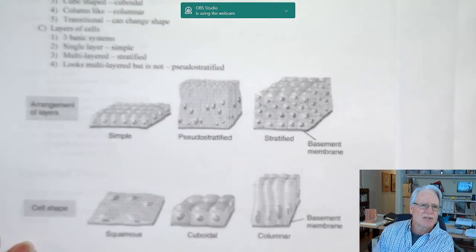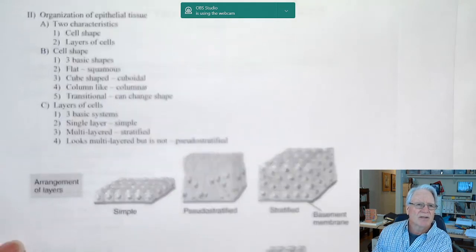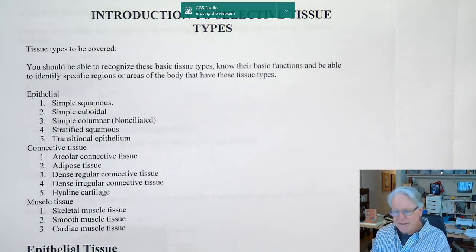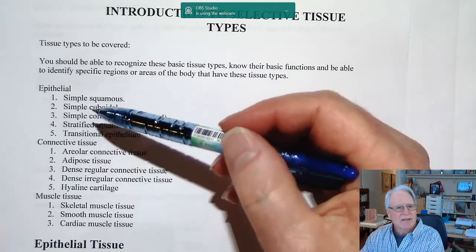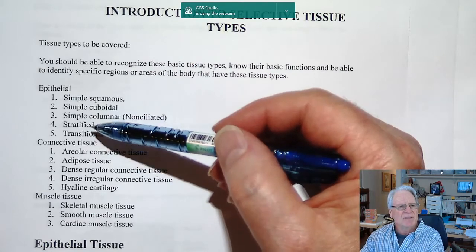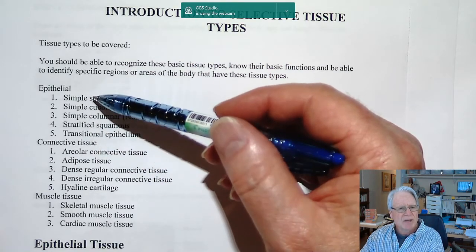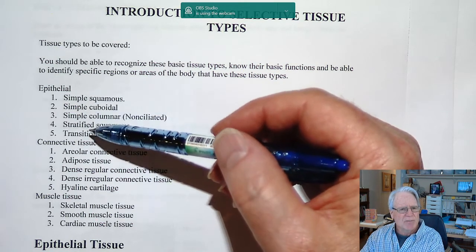We've looked at the system of naming epithelial tissue. And this is the list of epithelial tissue that you're going to be responsible for in the lab. I'm going to expand on this list a little more in lecture.